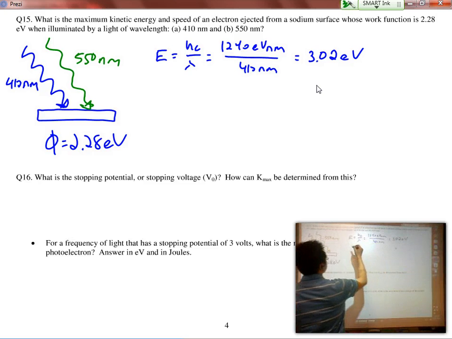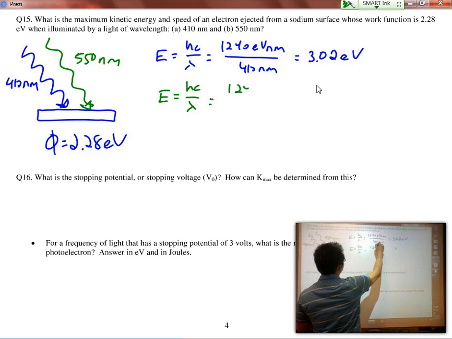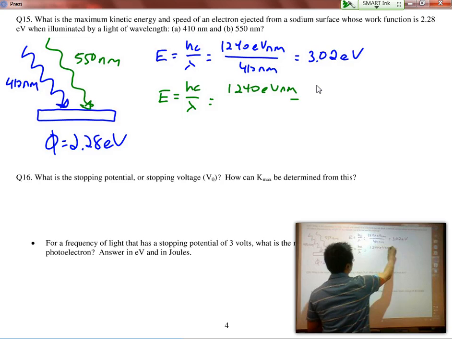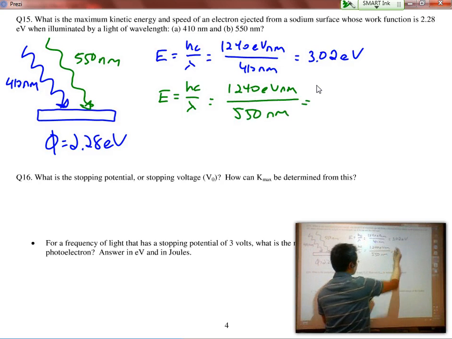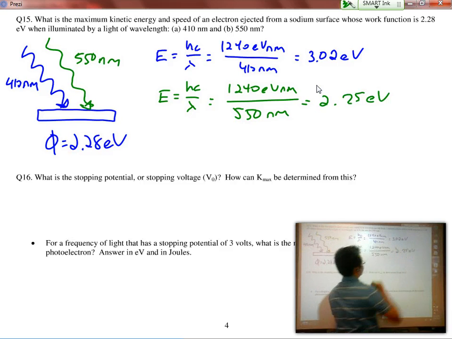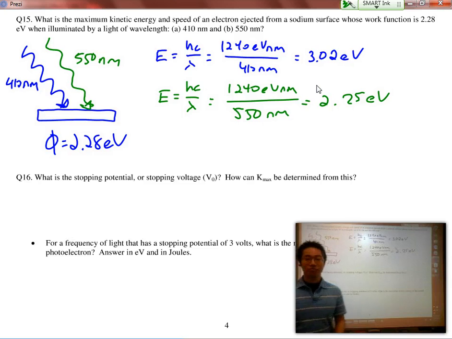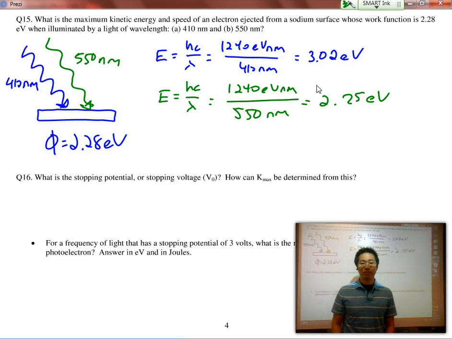With the green light, I would have the 1240 electron volt nanometers divided by the 550 nanometers, which gives me 2.25 electron volts.